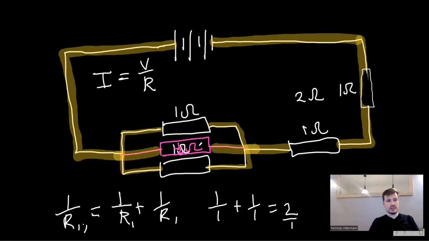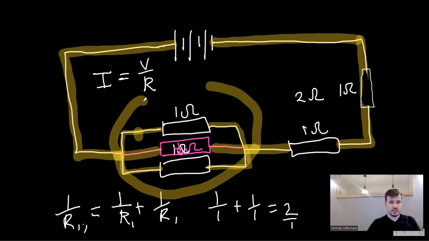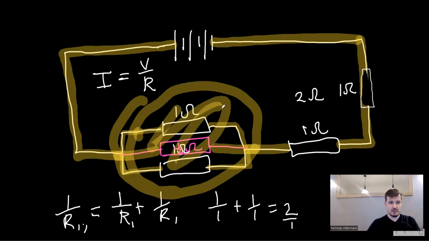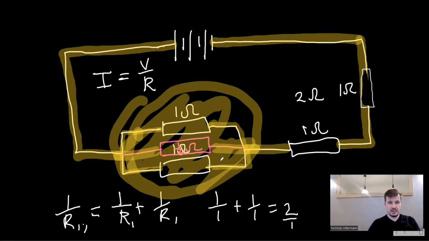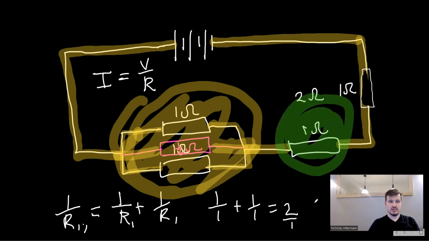Notice, there's still the same amount of current going through these, but the resistance is lower, so your voltage has to be lower as well. For this specific one here, your voltage is lower than the voltage across this one.